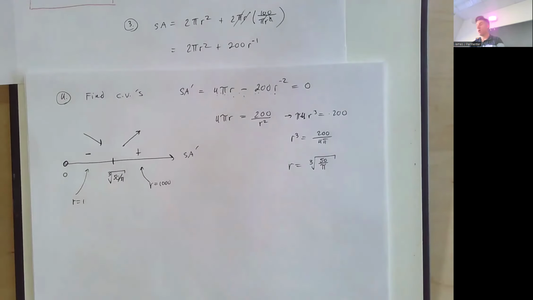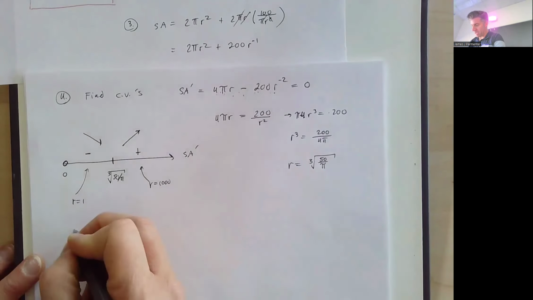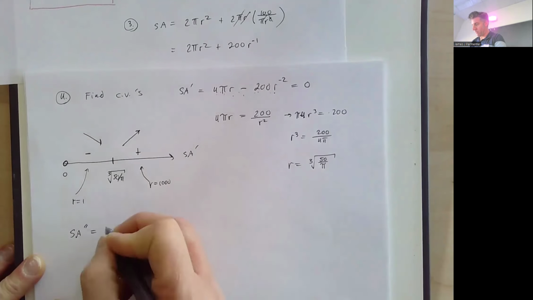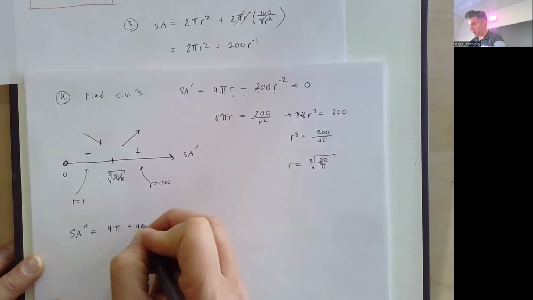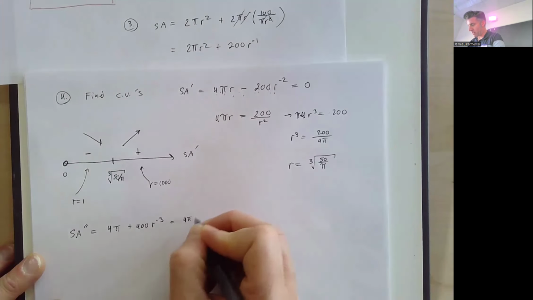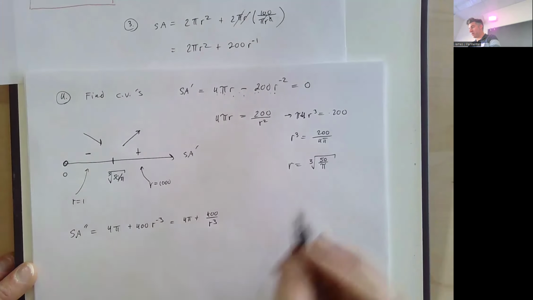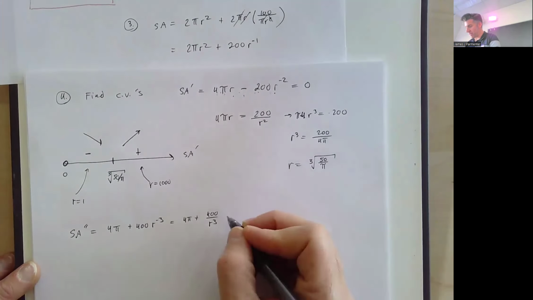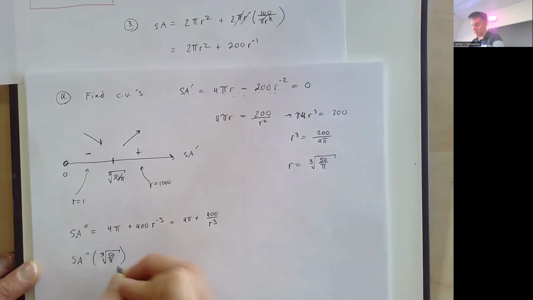Great. Or you could have taken the second derivative and said that SA double prime is equal to 4 pi. Derivative is going to be plus 400 r to the negative third, which is equal to 4 pi plus 400 over r cubed. And if you plug this in, it's actually kind of more convenient than I thought it was going to be, honestly.